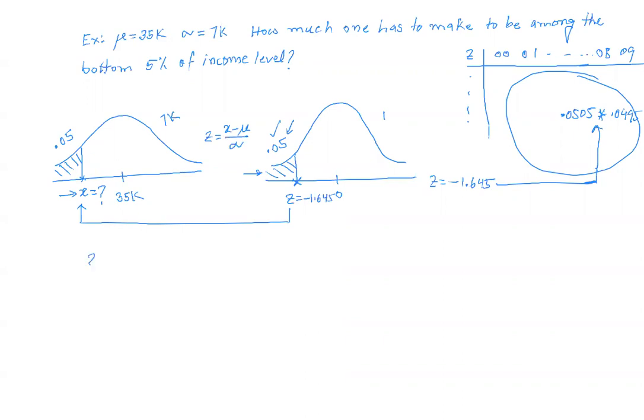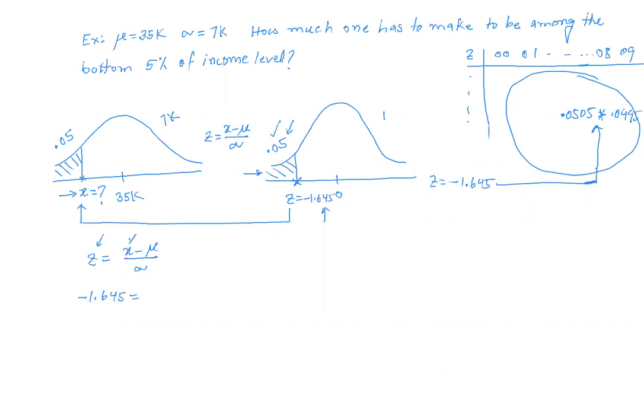So my Z is equal to X minus mu over sigma. The distinction between this problem and the ones that we have done so far is that in the last ones, we were looking for Z, but here we are actually given Z. So this is going to be negative 1.645. We already have it.